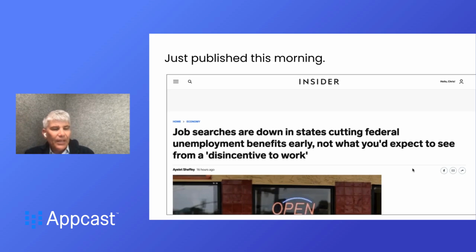If that isn't happening, something else is afoot here. And that's the big take-home point: there isn't a clear explanation for what's going on with job seekers. What is going on is they're behaving oddly.